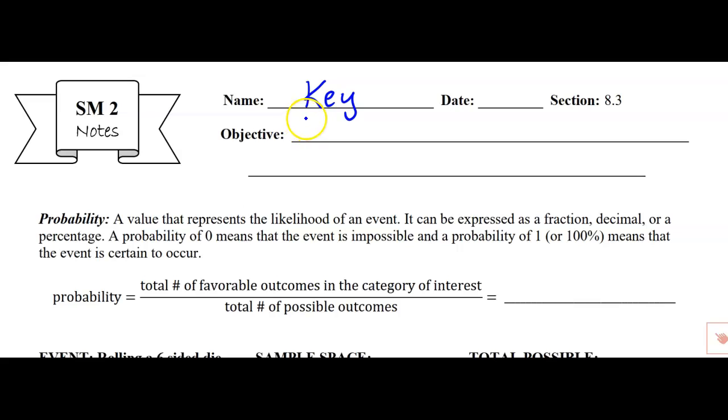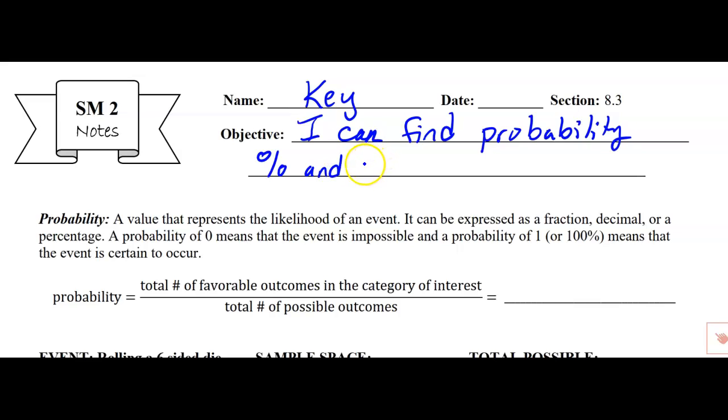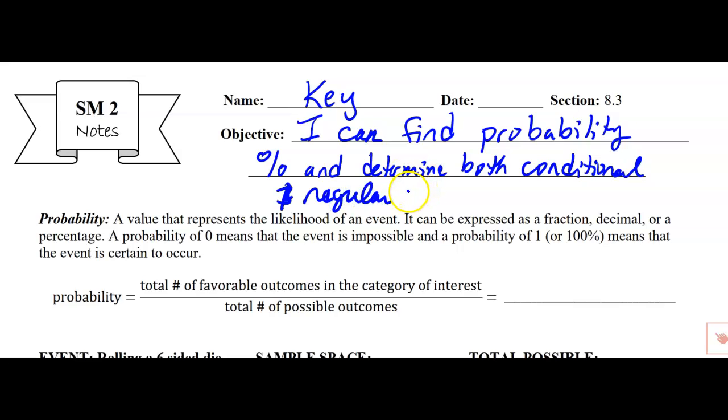So at the end of this discussion, what you should be able to do is find probability percentages and determine both conditional and regular probability.